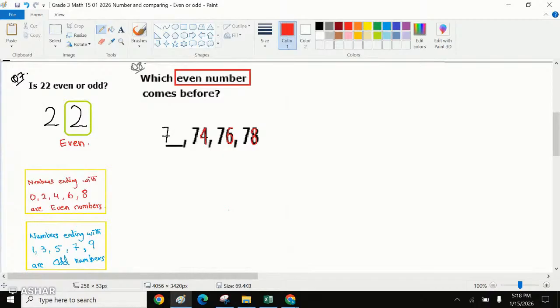If it says which number comes before 74, then it will be a very different question. But when they write even or odd, then we need to take a difference of 2. That means it should be 72, right? 72 is the even number that comes before 74.